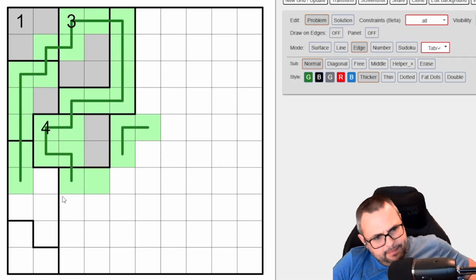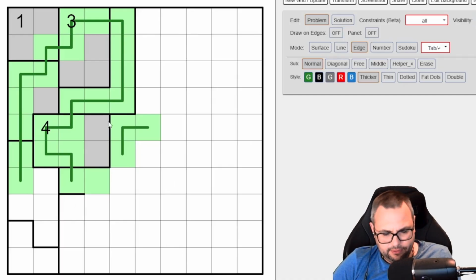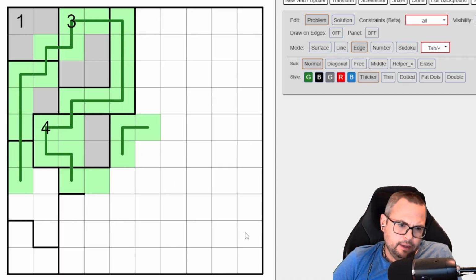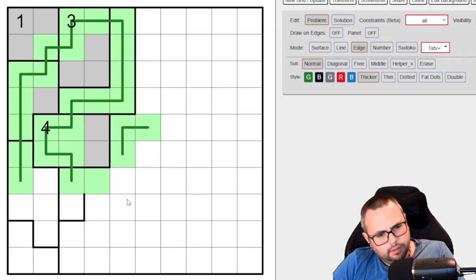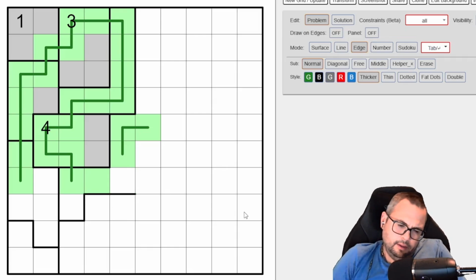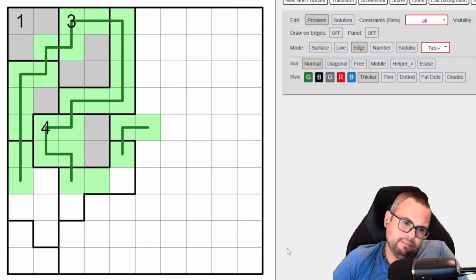So I'm going to make this country go this way. I don't know exactly what this country is going to look like yet. Actually, I'm going to make this country look like a Z like that. I think that would probably be good.